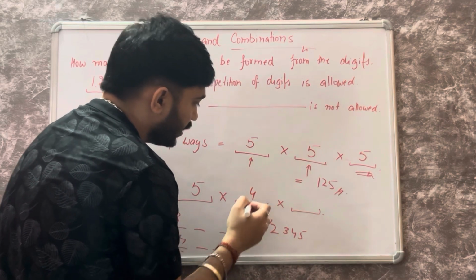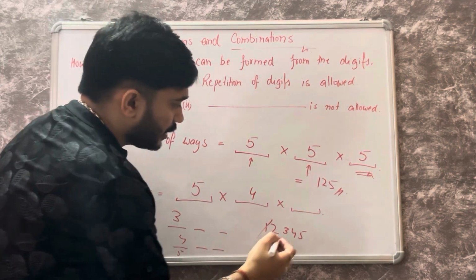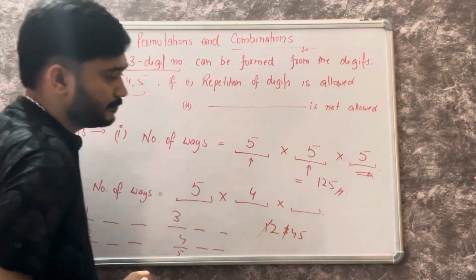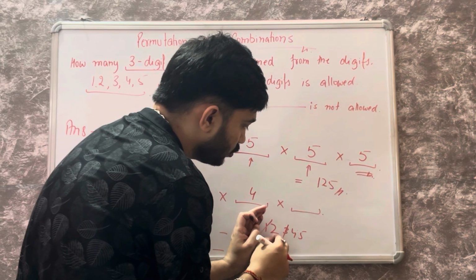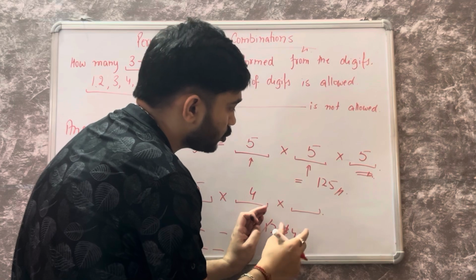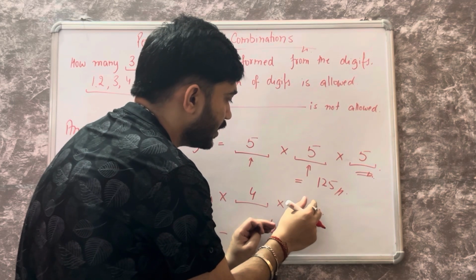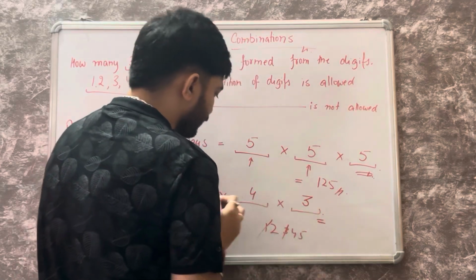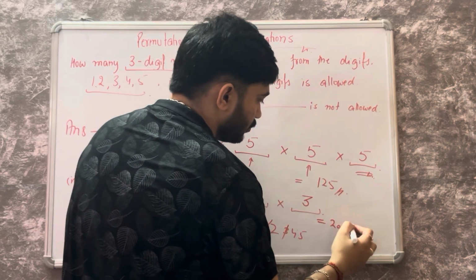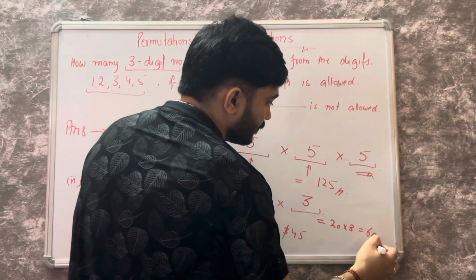So write 4 here. Now let us assume that you have written the number 3 here. So you are left with only 3 digits, that is 2, 4 and 5. So the number of possibilities for placing a number here is 3. So multiply it: 5 into 4 is 20, 20 into 3, the answer will be 60. Any doubt?